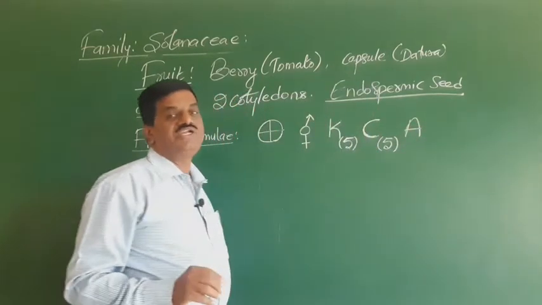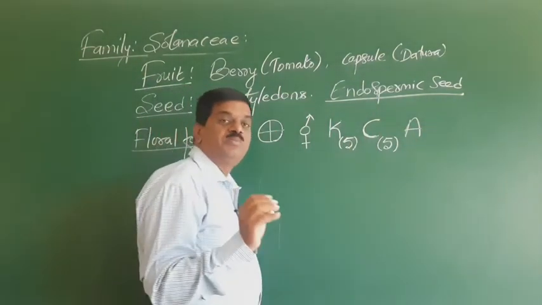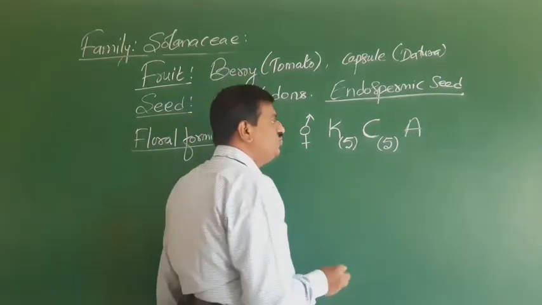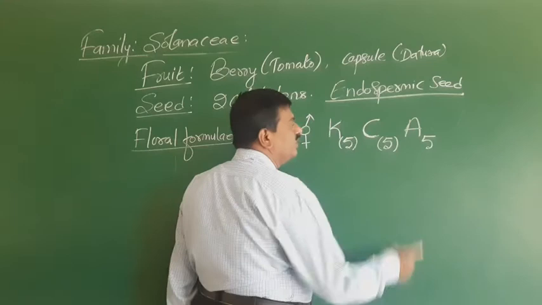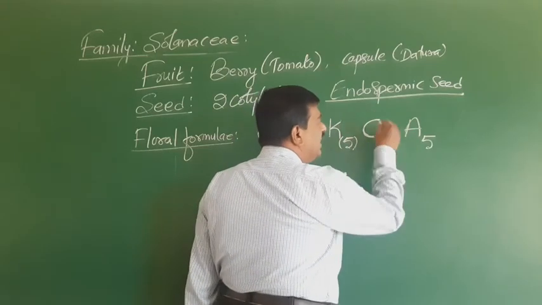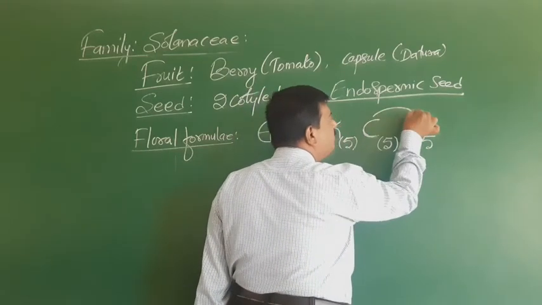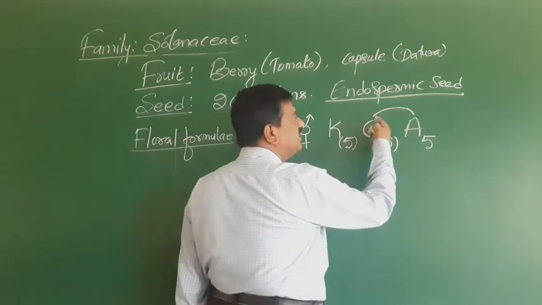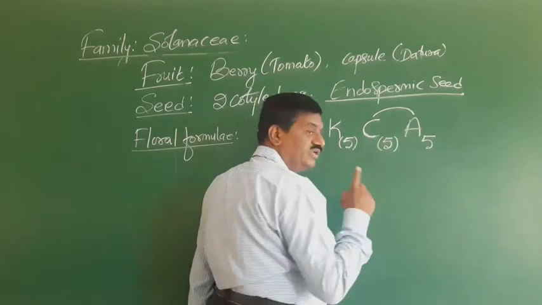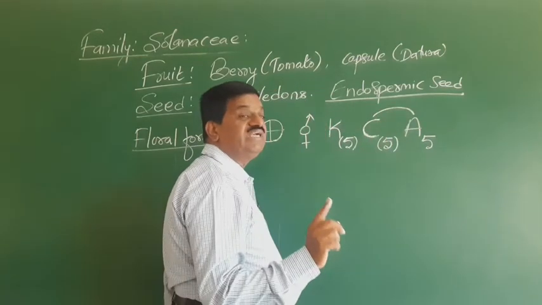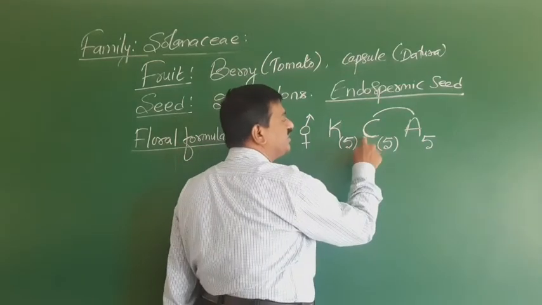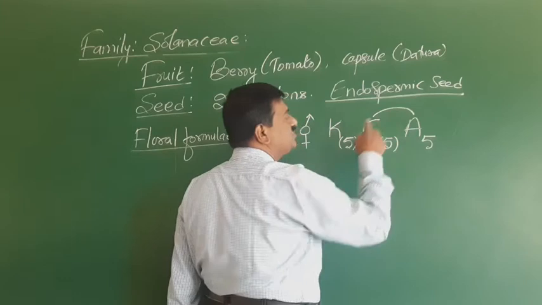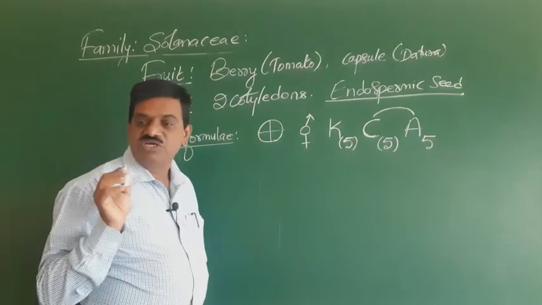Next to this we go for androecium. In this androecium, we have just represented 5 stamens. So we are writing 5 here. Stamens 5. And the corolla and androecium are represented like this. When you write an arrow mark above these two, it is called as epipetalous condition. The word epipetalous, the stamens are attached to the corolla, hence we represent this as an epipetalous condition.